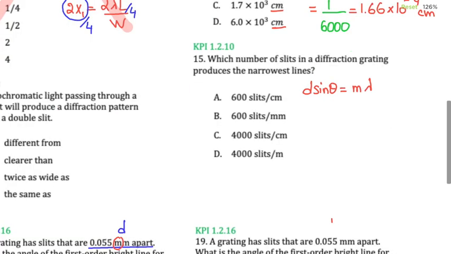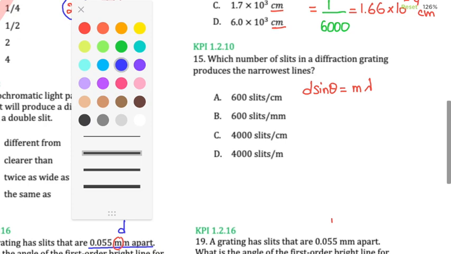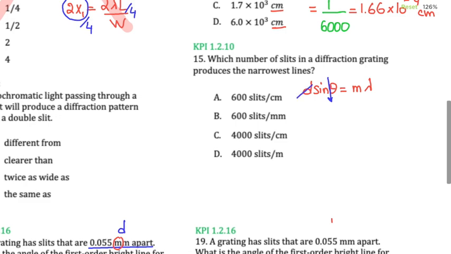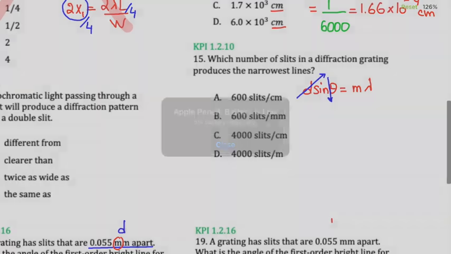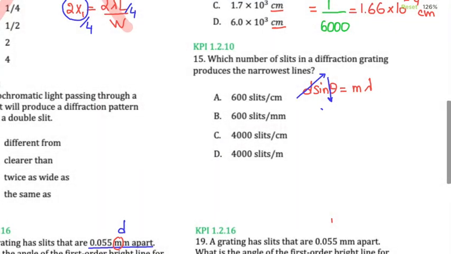Question 15. Which number of slits in a diffraction grating produces the narrowest lines? Narrowest lines means I need sine of theta to be the smallest. This means I need the largest number per unit length. So the first one is 600 slits per centimeter, so times 10 to the power of 2, because the centimeter is in the denominator, it goes up to become positive 2.